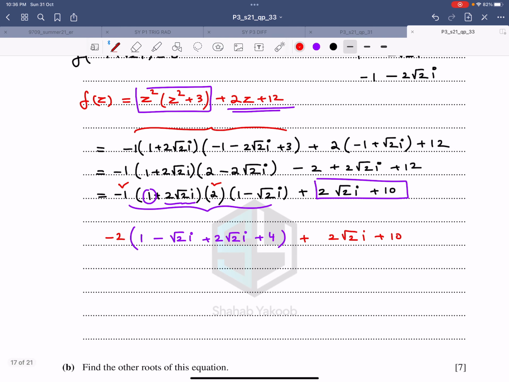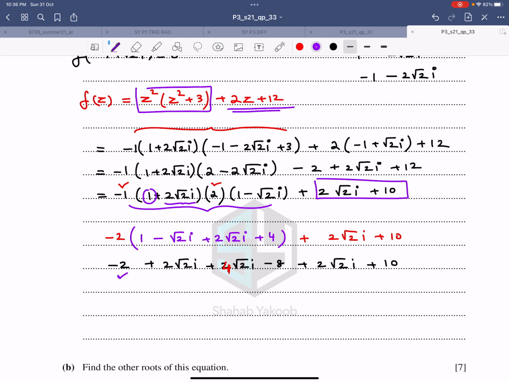Now let us simplify it further. So this is negative 2, this is positive 2 root 2i, and this is 2 root 2i, and this is negative 2 into 4, which is negative 8, plus 2 root 2i, and this is plus 10. Okay, now let's double check.